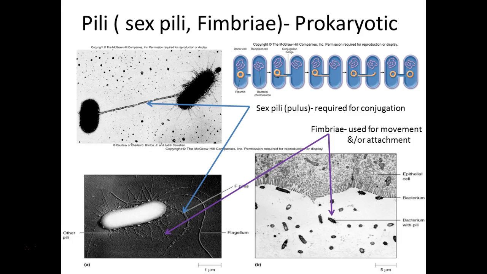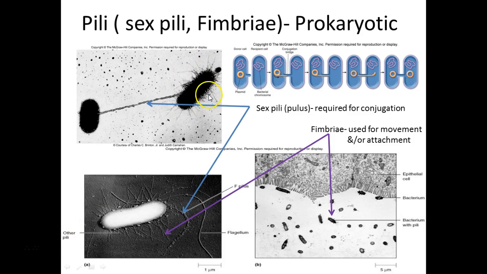The pili, I always want to put one more P in there, pili. There's two types. Ones that we typically refer to as fimbriae. And fimbriae is when they have a lot of them, usually, on the outside of the cell. So notice all these little ones are probably fimbriae. Notice it says other pili.